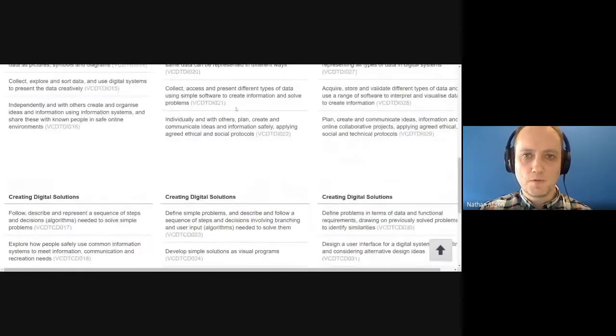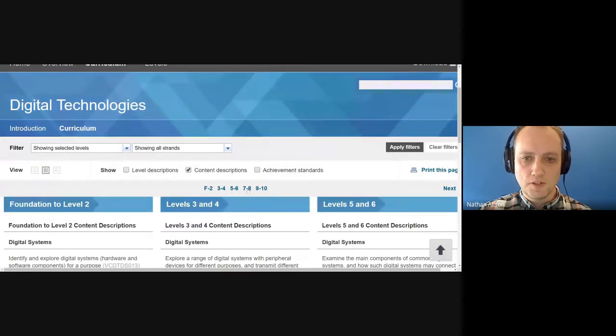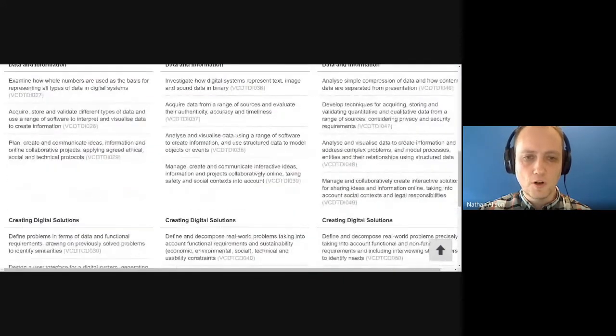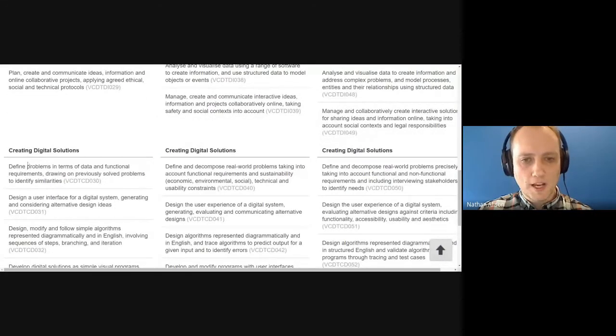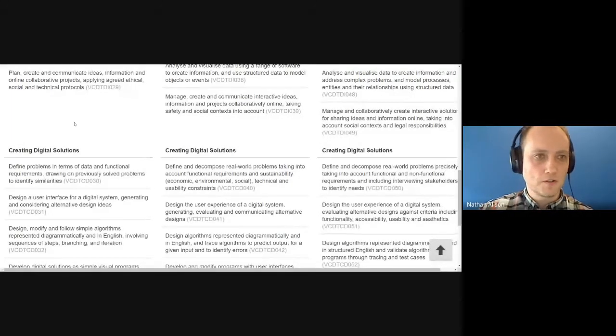But then as we move along, I'll just move across to 7-8, we formalize that. We start to talk about decomposing the problem, functional requirements, and looking at constraints and scope. And again, that gets even a little bit more sophisticated at 9-10. So we see that the curriculum formalizes and complexifies as it goes along.